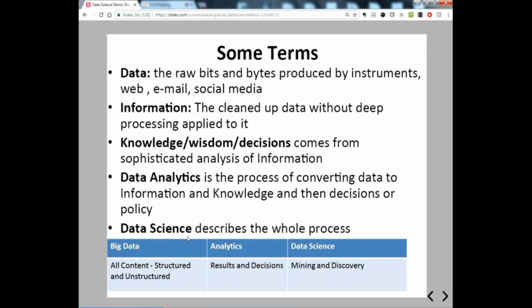Data science describes everything, not only analytics. Right now we can see predictive analytics, machine learning, data mining. All of those come under data science itself.